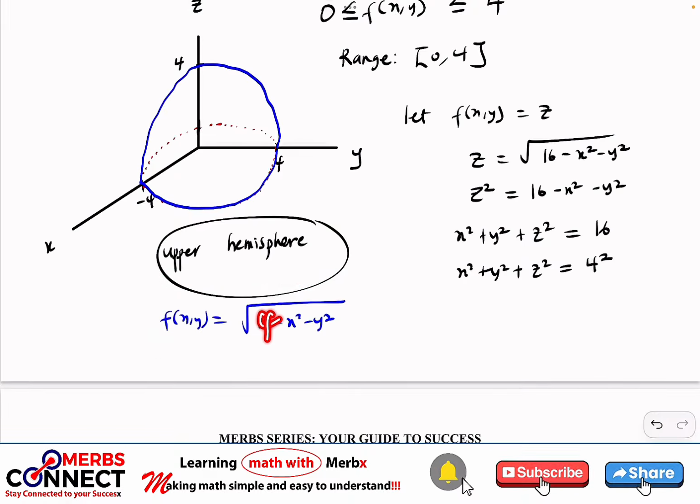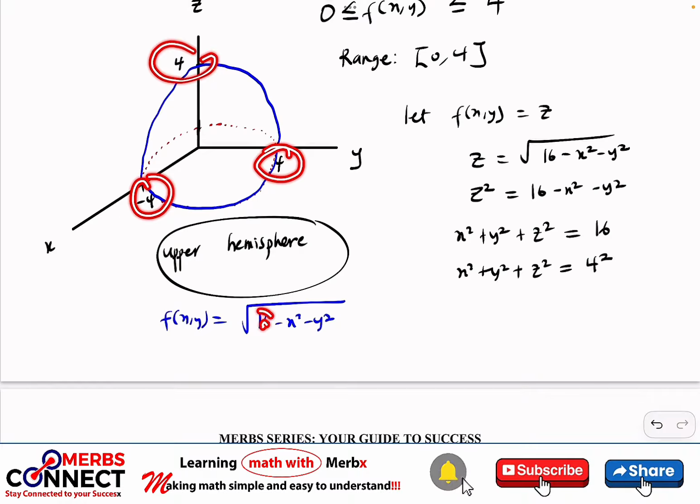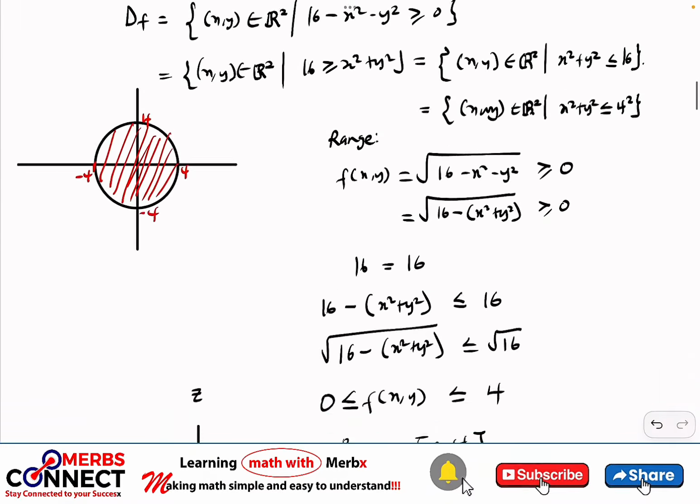This 16 can change to 4. If this is 4, it is still an upper hemisphere, but our radius is going to be 2. When it is 9, our radius will change to 3. So that is basically the idea with this beautiful question here.